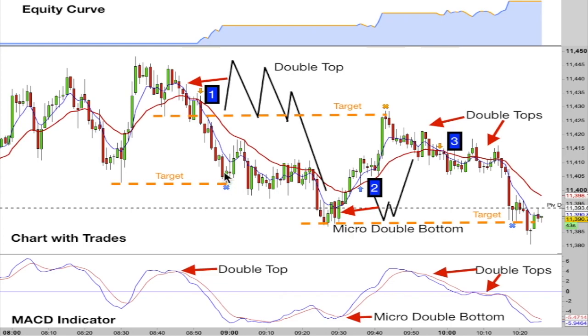Okay, so then the market went back up and it tested this low here, and it was forcing its way down, but there was no real conviction in here, just red, green, red, green, red, green.